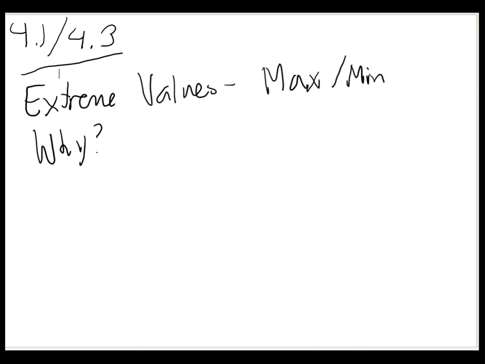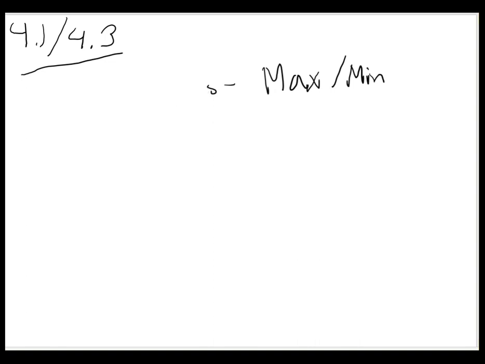Okay, so now that we know what this section is going to be starting to talk about, we need to talk about, well, what is a maximum and minimum? Is there a more, I guess, math-like way of defining them? So we're going to define what we mean there when we talk about a maximum or minimum.